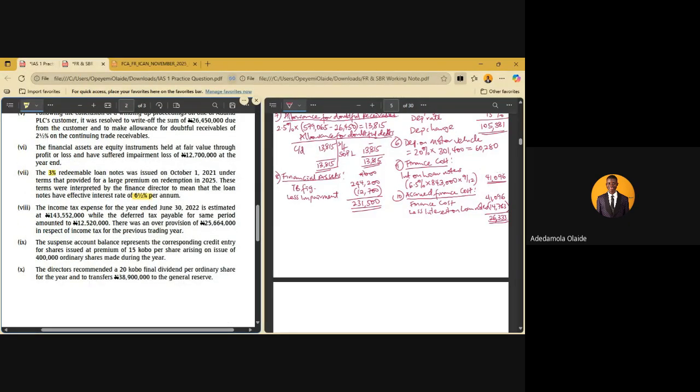We were told that the income tax expense for the year ended is estimated at 143,552, while deferred tax payable for the same period amounted to 12,520. There was an over provision of 25,664. So we'll have note 11, tax expense. The tax expense for the year will be what? Current year provision 143,552.